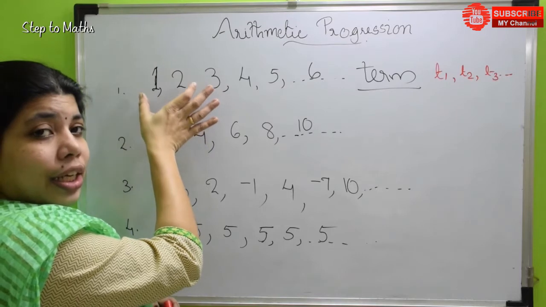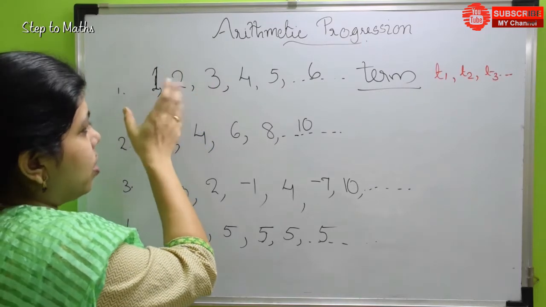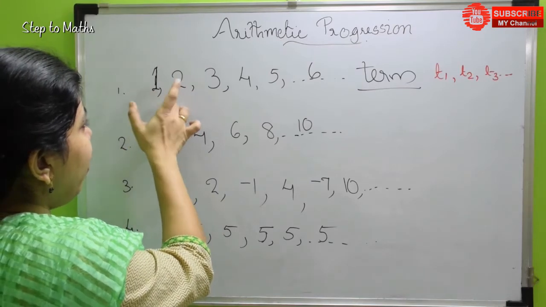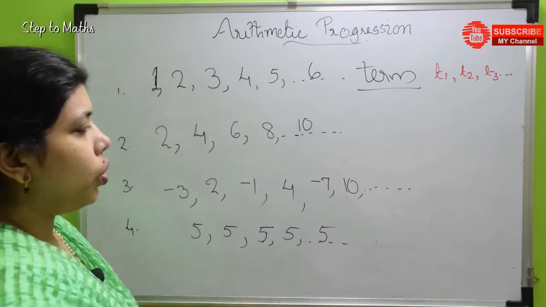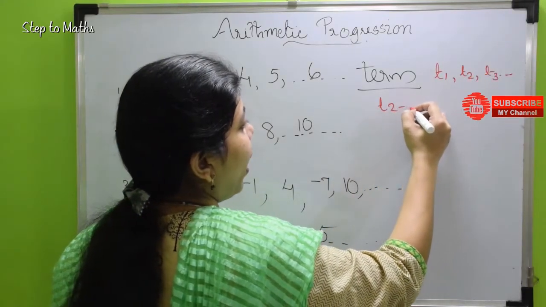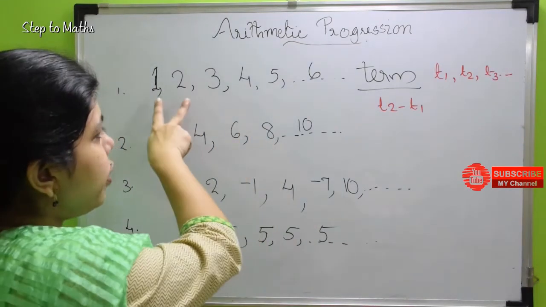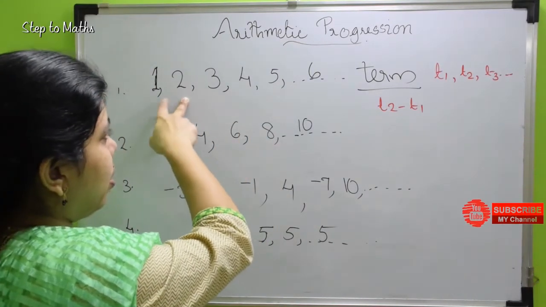Now consider the difference between two consecutive terms, 1 and 2. That difference is T2 minus T1, the difference between two consecutive terms.